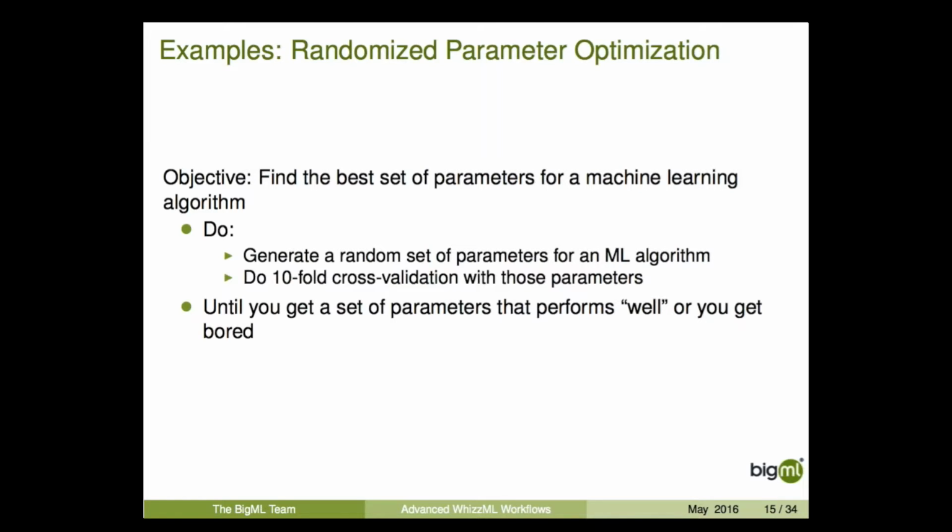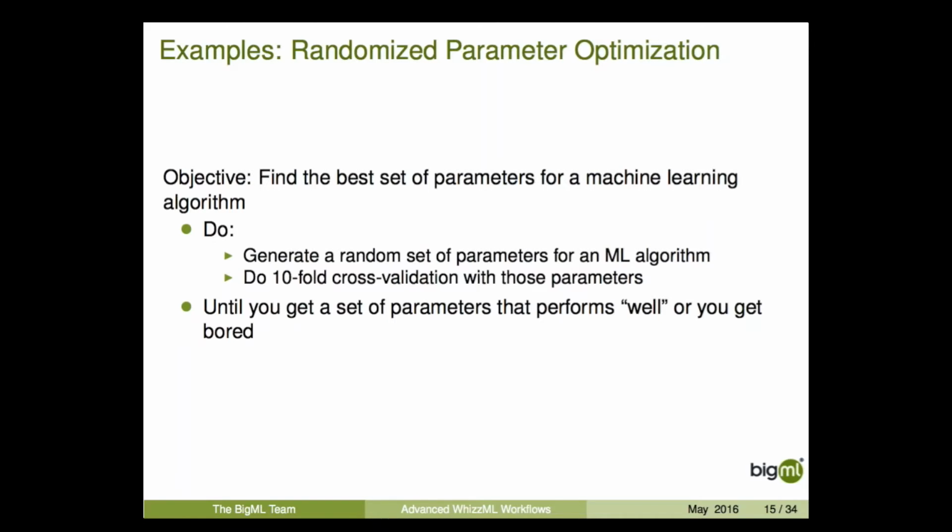And the nice thing about this, of course, is that you can do it for as long as you want. So if you have the time and resources to try thousands of different random candidates for your model parameters, you can do that in BigML and in parallel if you want. And BigML will churn and churn away. And the more you try, the more likely you are to get something that works better than everything you've tried so far.